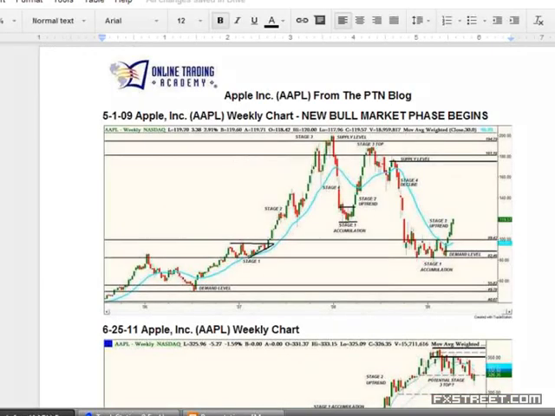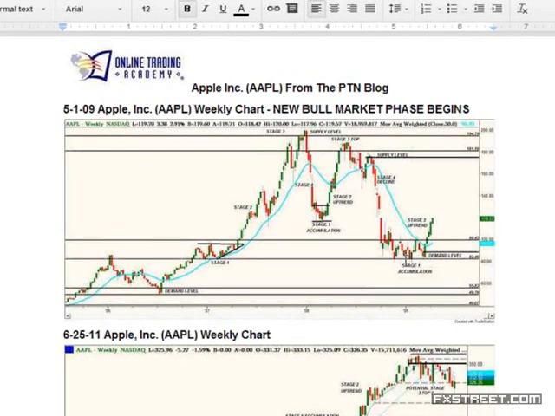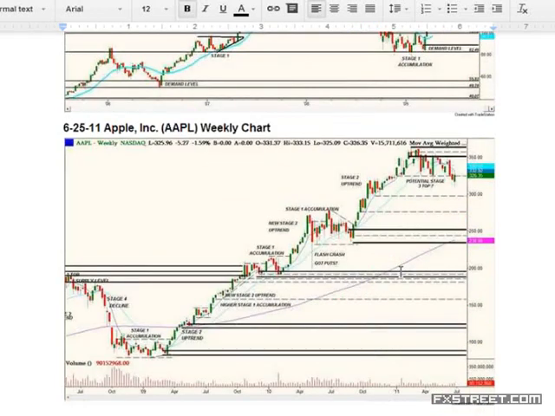And obviously, this is an asset from 2009, Apple Computer, and it's a chart where Apple Computer was going sideways for a period of time between 2008 and 2009, and it broke out into a bullish market phase, and off it went. It began to trend higher, and it trended higher all through 2008, 2009, 2010, 11.